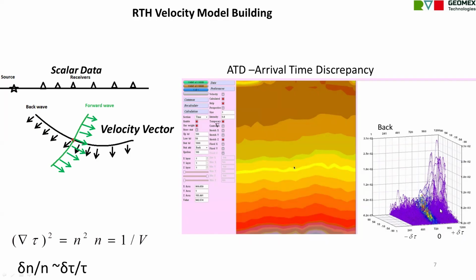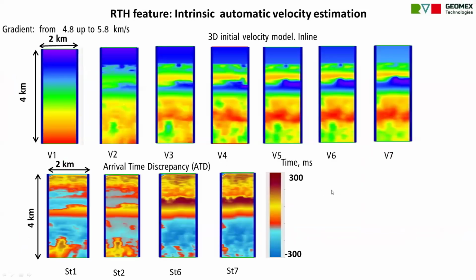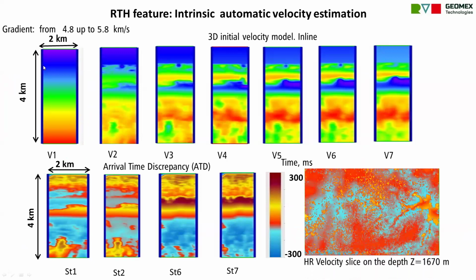If more, there is some plus or delta plus, and using the eikonal equation, we can estimate the fluctuation at delta time in milliseconds and estimate the velocity. This is an example of the initial velocity gradient. Automatically we can calculate the second and third step, and we obtain some characteristic of the initial velocity model.